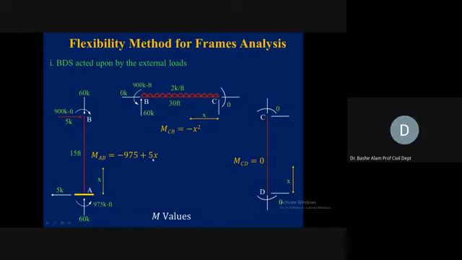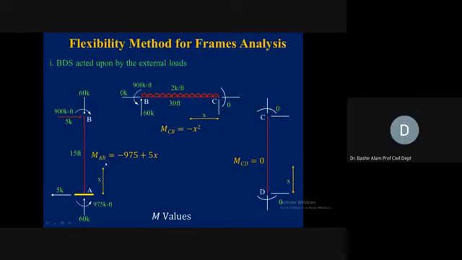I consider myself standing here inside the frame. What is coming away is my outer, and the nearest face is my inner one. If we start bending in this direction, the outer will become tension, so minus 75. And then we have plus 5 times x, because this 5 times x causes compression in the outer fiber. So this is the moment equation for member AB.